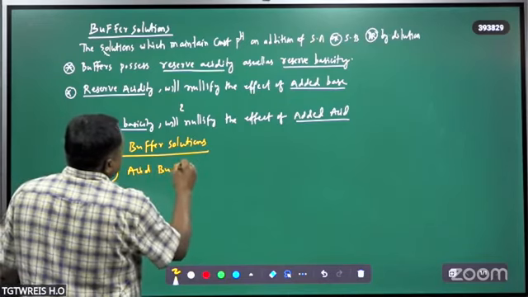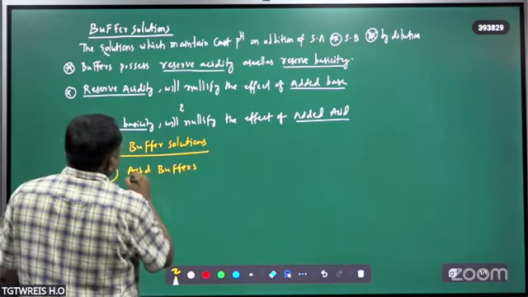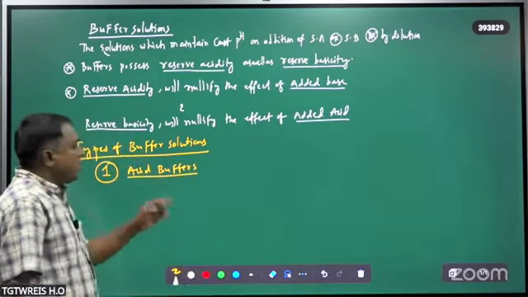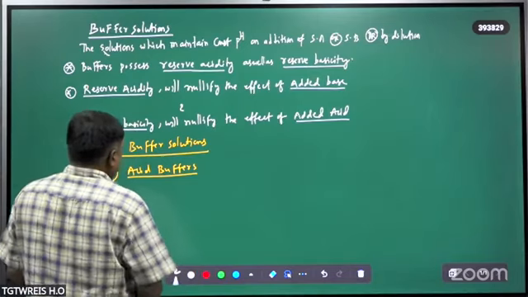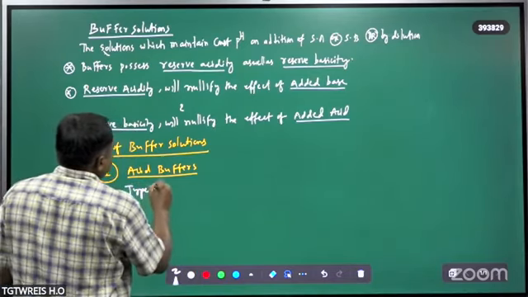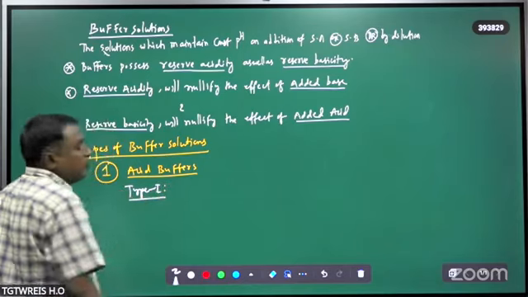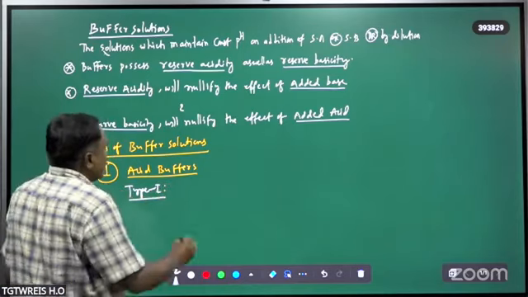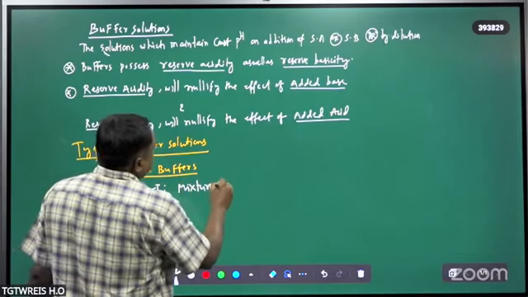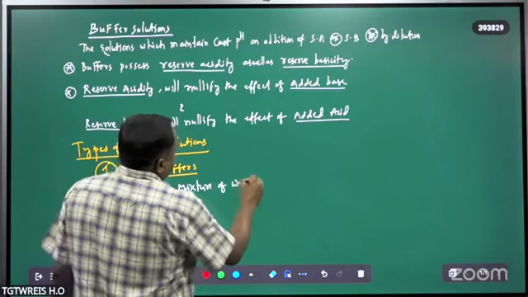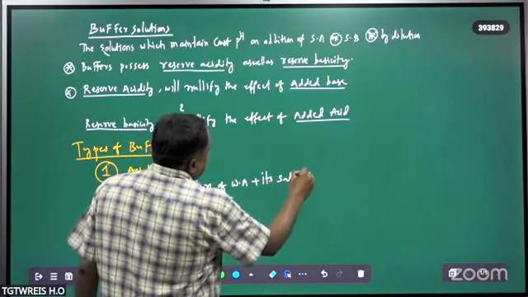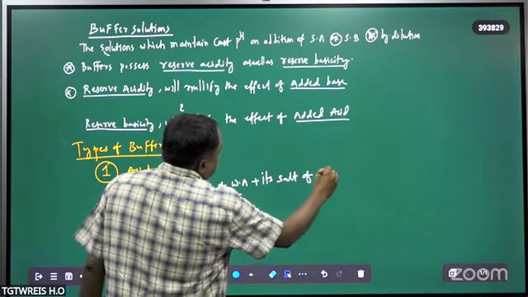Acid buffers are one of the important types of buffer solutions. So what are acid buffers? The first type is type 1 acid buffers, which are a mixture of weak acid and its salt of strong base.